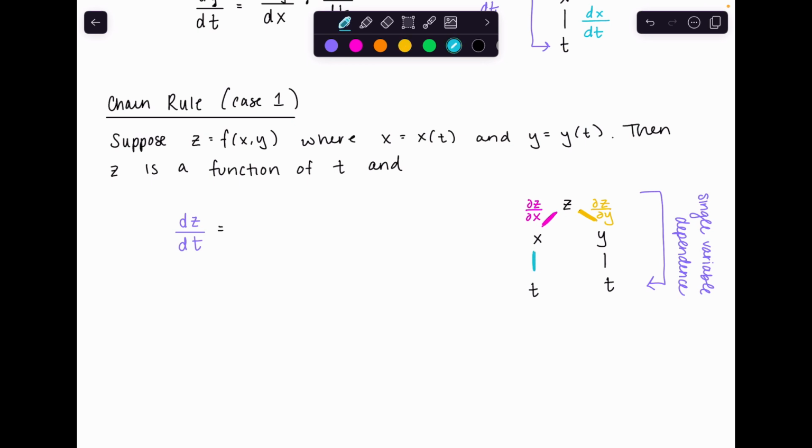But then down here, this is single variable dependence, so this would be the derivative of x with respect to t. And then likewise right here, y just depends on t, so it's the derivative of y with respect to t. Okay. So traveling down my first path, the first branch is the partial of z with respect to x. And then the second branch is the derivative of x with respect to t.